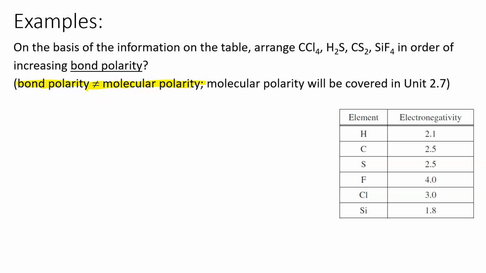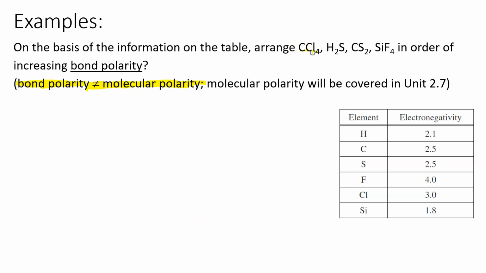For any of you who are thinking back to last year when you really had to know the shape of the molecule to tell if it was polar or not, we're not getting into that yet. We'll talk about that later. Right now, we're just looking at whether the bond itself is polar. So we're just comparing the two different atoms. How polar would that bond be?